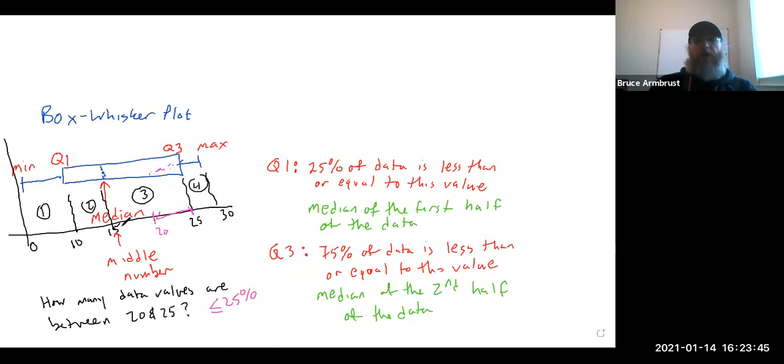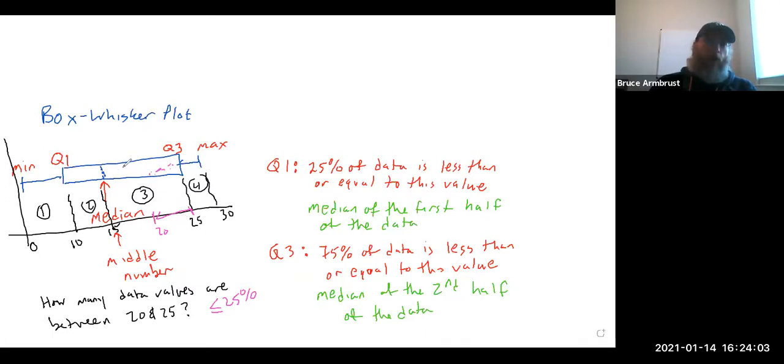Now you might go, well, that's exactly half of this interval, right? It's length 5 compared to length 10. So you might be tempted to cut that in half and say 12.5%. But the problem is we don't know how this data is distributed between 15 and 25.